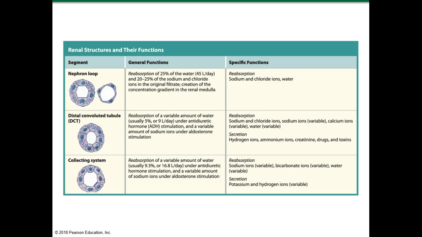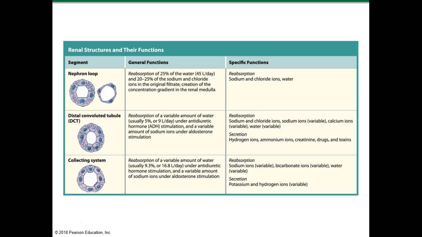And as we move to the collecting duct at the very end of the process, we have reabsorption of different amounts of water. Again, at this level, it's under antidiuretic hormone stimulation. And we have different amounts of sodium ions that are under aldosterone stimulation.